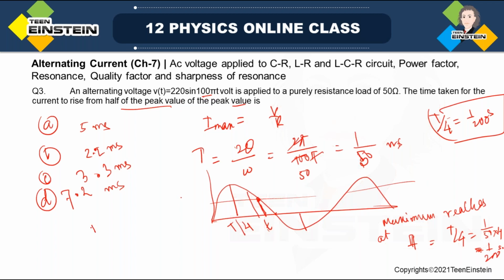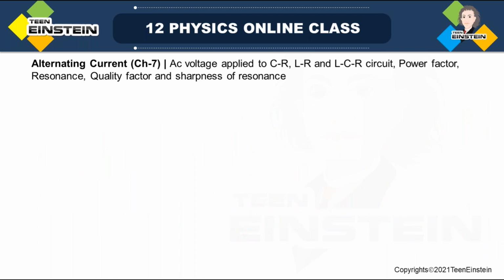Let us say the maximum I max will happen at... I will need new pages. Let me go here. We have been given the current as I0 sine 100 pi t.